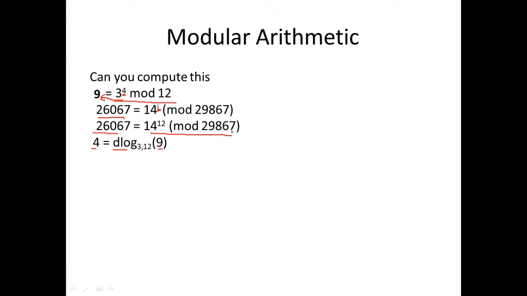Likewise, how can you represent this 12? 12 is the discrete logarithm of 26067 to the base 14 mod 29867. So in modular arithmetic, you call the exponent the discrete logarithm of a value to the base of a value mod the value.